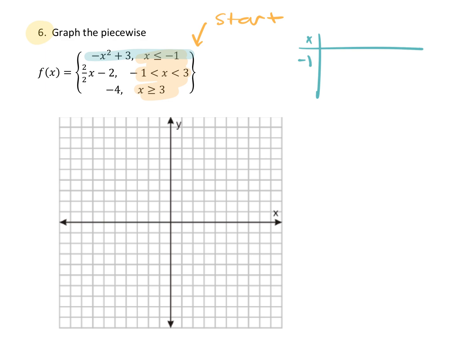When I plug in -1, I'm plugging it into my first piece. So I have -1 squared plus 3. Make sure you follow your order of operations. So we have to square the -1 first. We get +1, but then that negative out front makes it negative again. So -1 plus 3 would be what? 2.